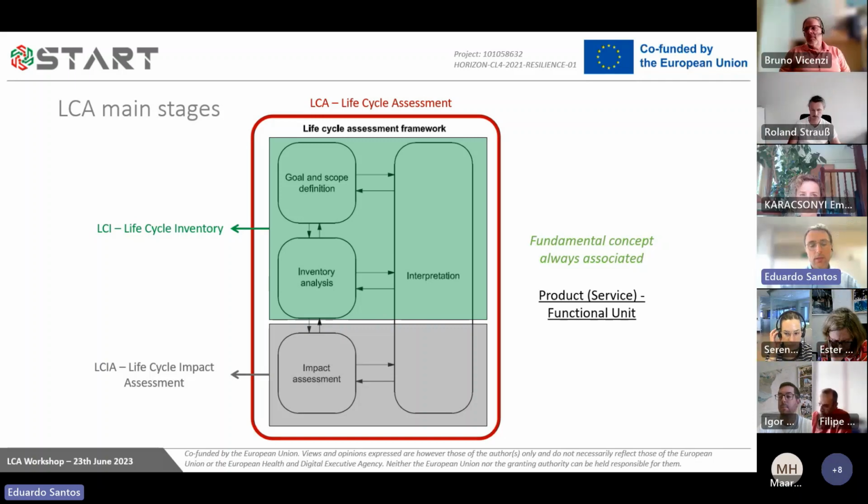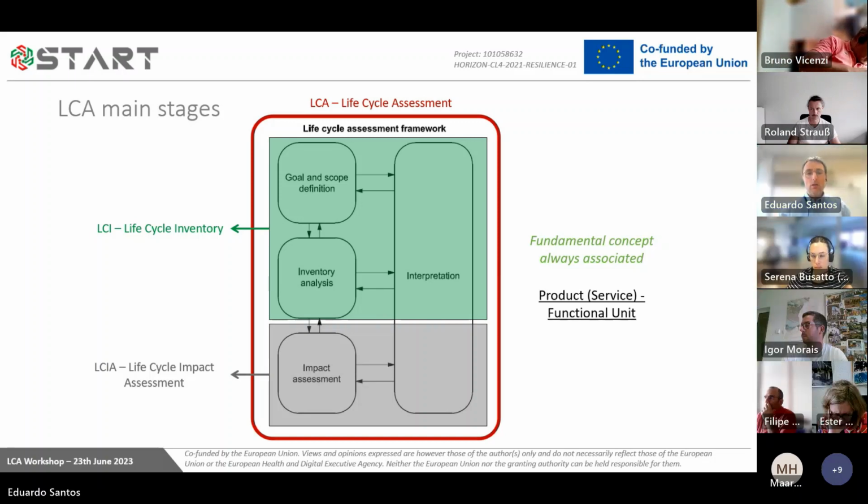So there are methodologies, which I will explain in just a few minutes, that do the relation between the physical flows and then the impact flows, how that affects the environment, and then how also the changes in the environment can affect damage. So basically to human health, or to resources, or to the ecosystems. So these are the steps to do the LCA methodology.